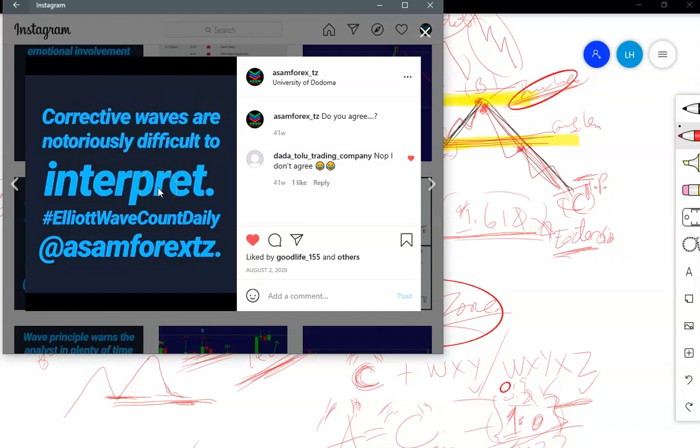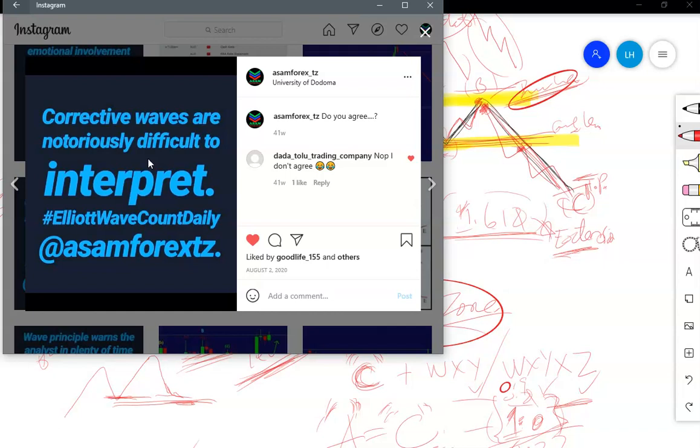From this idea, it is true, but someone said, no, I don't agree. Someone is not agreeing with this, but yes, that is just according to his or her own views.